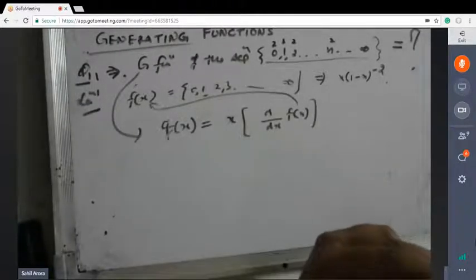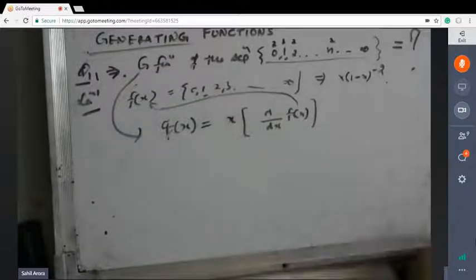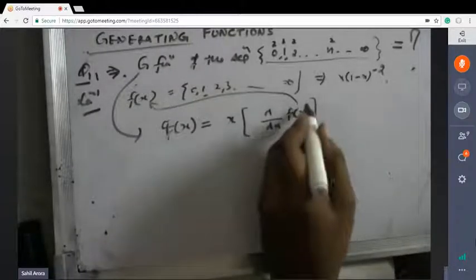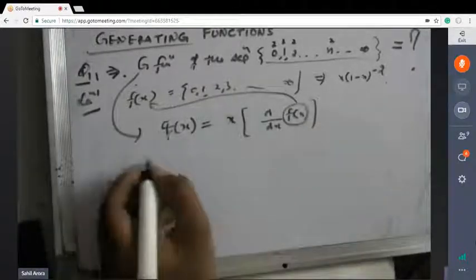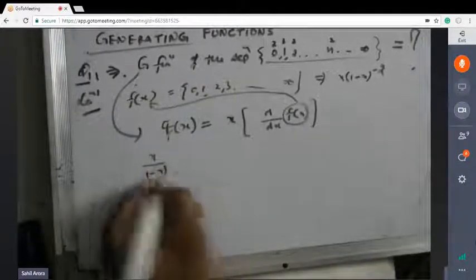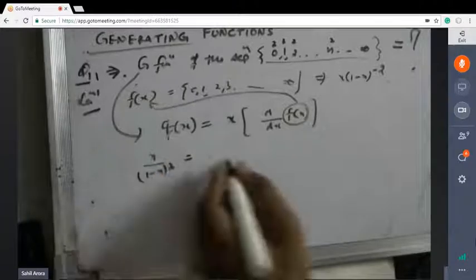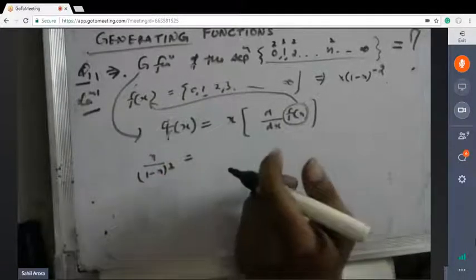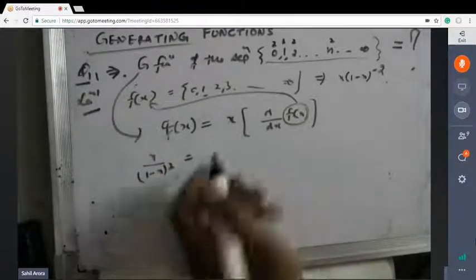So let's not switch from that. Let's come back to this again. We need to just differentiate this function, x upon 1 minus x whole square. We apply the quotient rule to differentiate it. I'm not differentiating it here, everybody knows how.